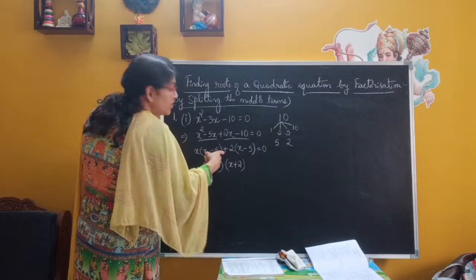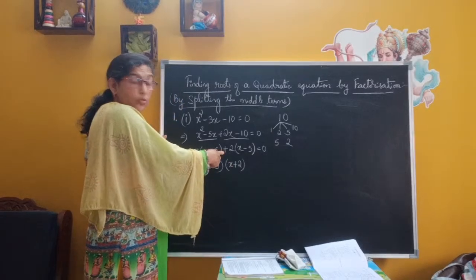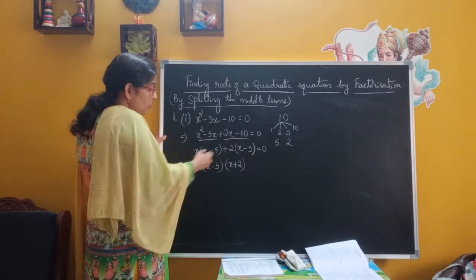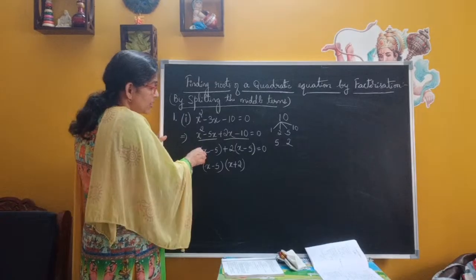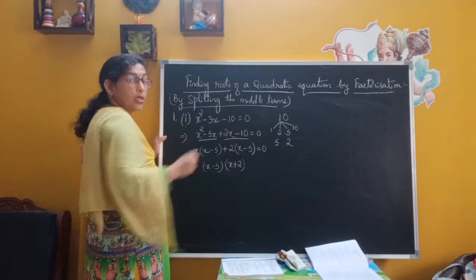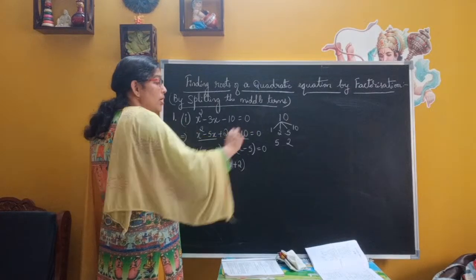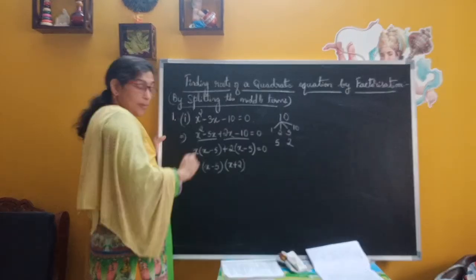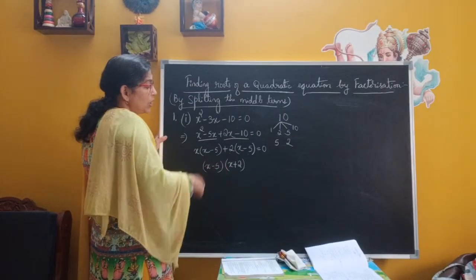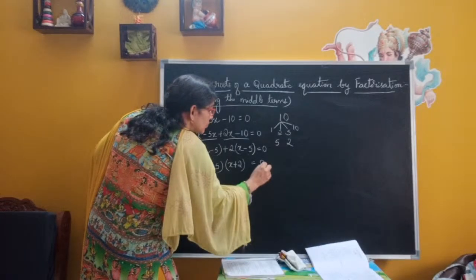Don't forget to write the sign here, whether it is plus 2 or minus 2. We have two terms here, x into x minus 5 is one term, 2 into x minus 5 is the other term. There should be a sign between them, otherwise it is wrong. So x minus 5 into x plus 2 is equal to 0.